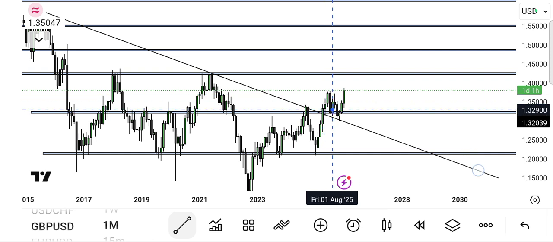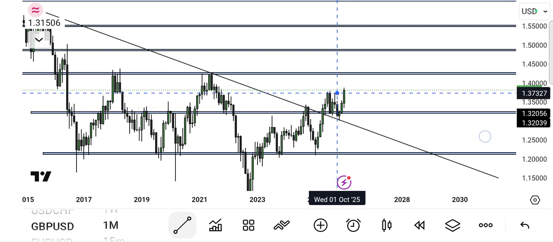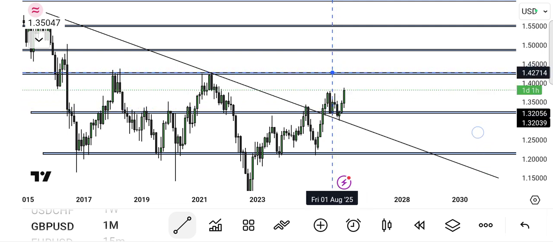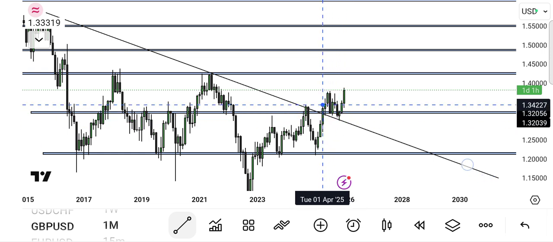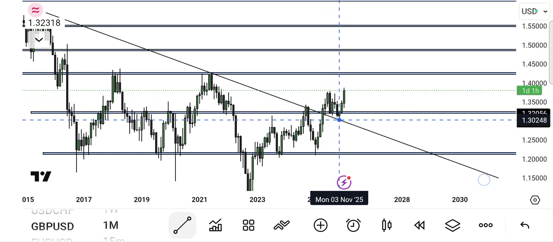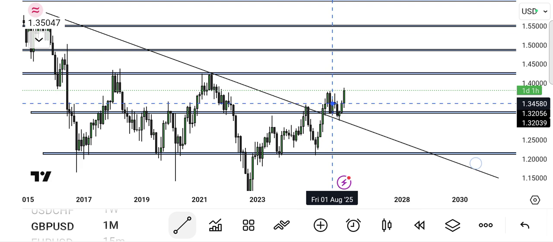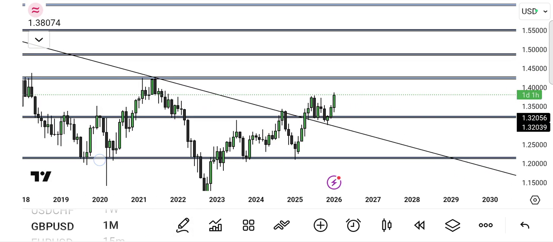The next zone that the market is going to be eyeing will be this next zone, because the market has bounced back from this support zone here, and not just the support zone, it broke out from the trend line and also retested back on the trend line, creating this reversal candlestick on the monthly time frame. So therefore, on the monthly time frame, the directional bias is bullish. So anything we'll be looking for will be buys.